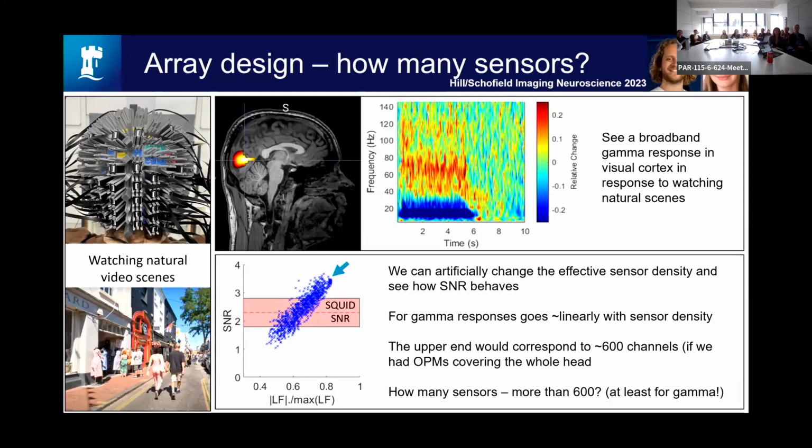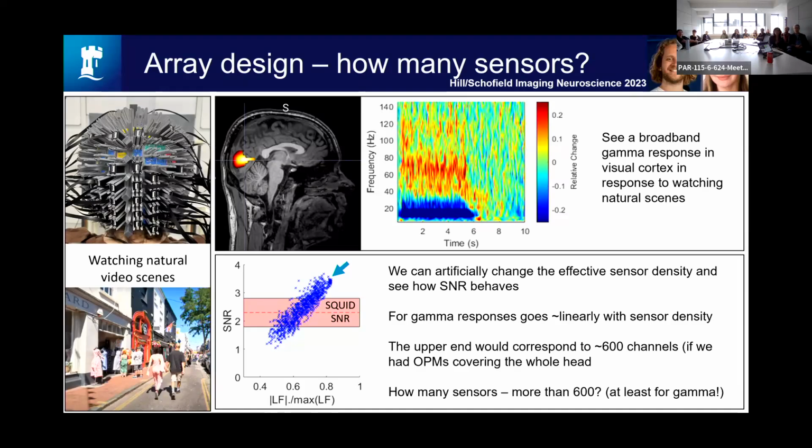So we measured signal to noise as a function of basically channel density in a funny sort of way that I won't go into. But by basically having increased channel density, we can make our signal to noise go up and up and up. And this was the mean signal to noise of a load of measurements on the SQUIDs using the same paradigm. So actually, we can increase our signal to noise of an OPM array much beyond what a SQUID array can do, which is kind of nice.